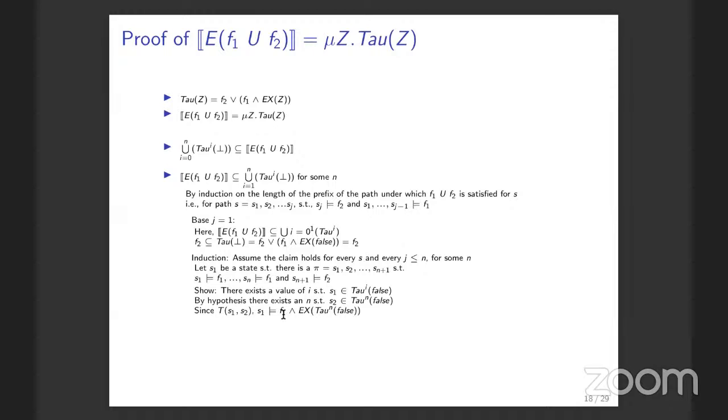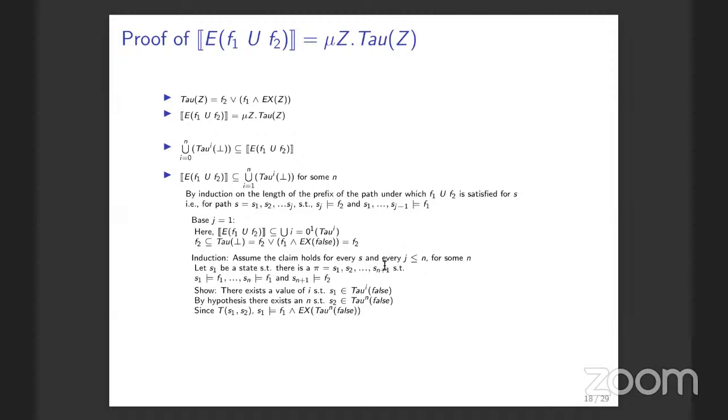And what you do is, S2 is such that it is a successor of S1 for which this tau n of false should hold good, because it is saying that in the next state, which is S2, a successor of S1. And that is true by induction hypothesis. And that's why you will get that. Okay.